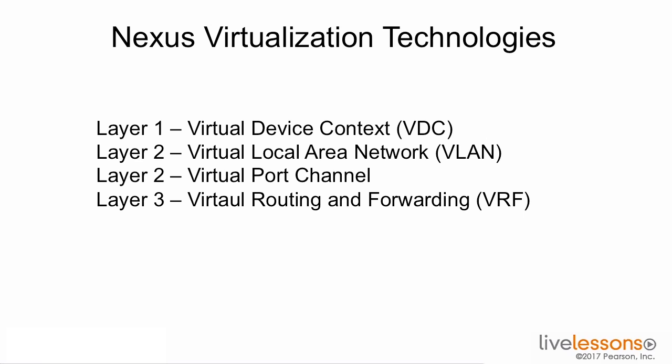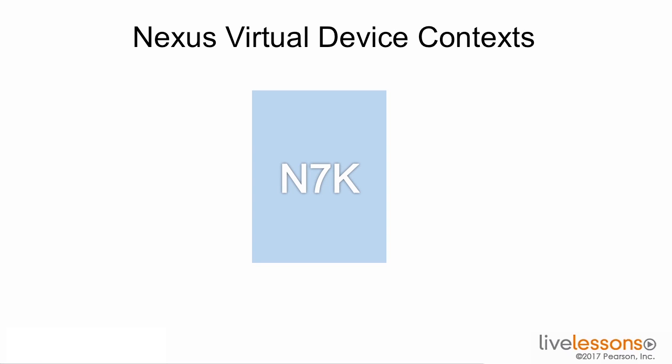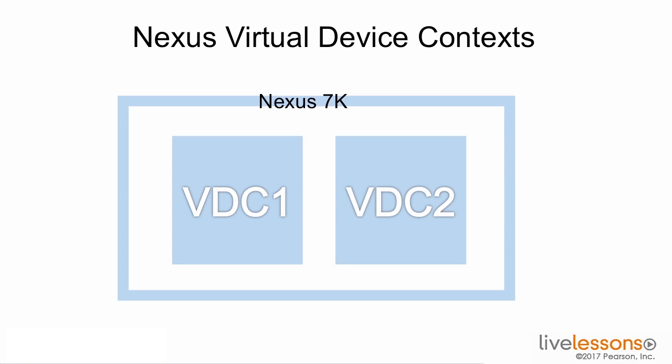So let's talk about Nexus Virtual Device Context. As I stated before, Nexus Virtual Device Context is the concept of taking a single physical box and creating multiple virtual switches. When I create a new VDC, or Virtual Device Context, I'm actually creating a new virtual instance of that switch.